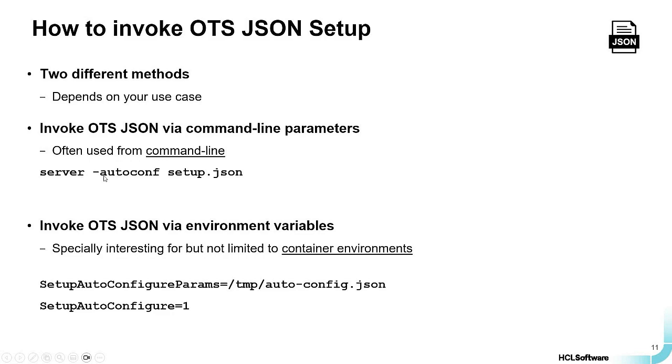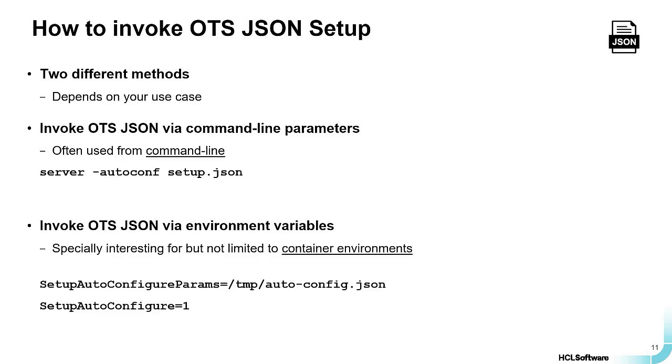You can say -a and then setup JSON, but it would be like invocation on command line in the right directory where you have the server, right? On Linux, you need to be in the data directory, you need to be the right user, right? All those requirements still apply. And that would trigger the setup for you.